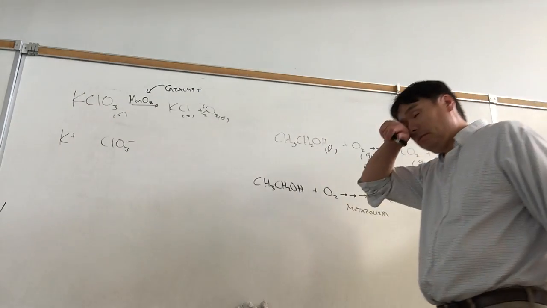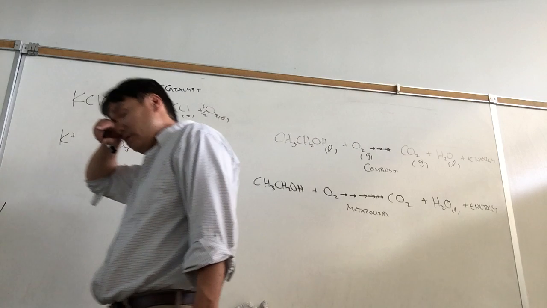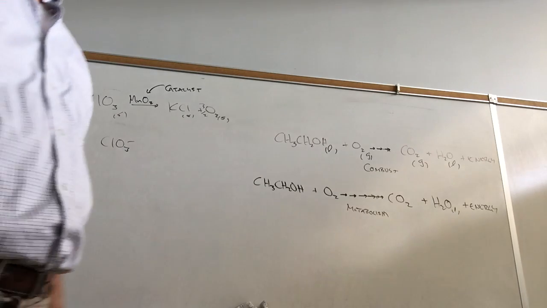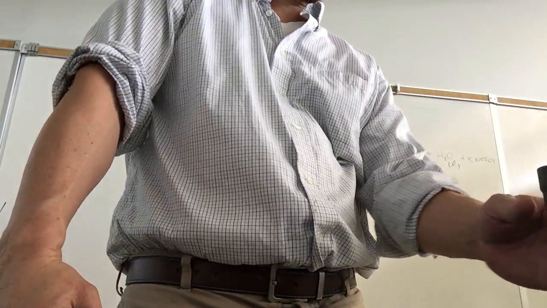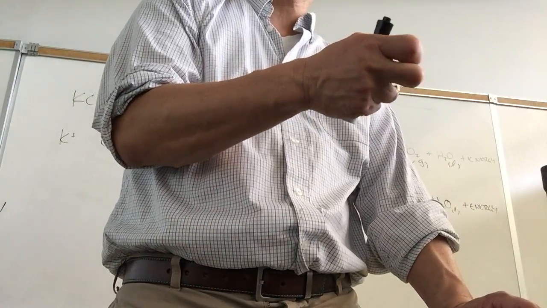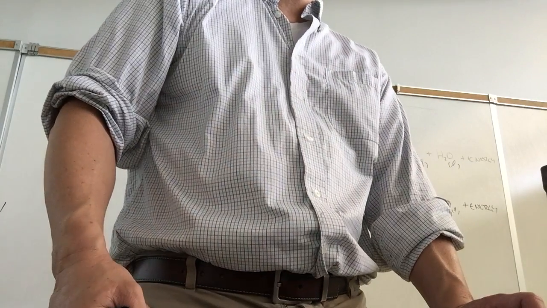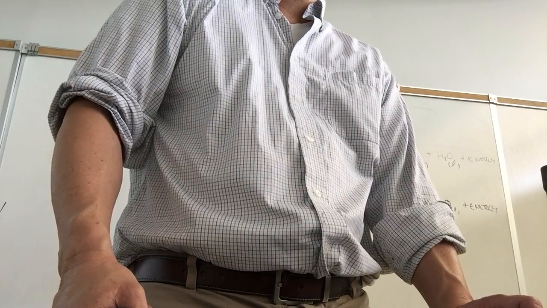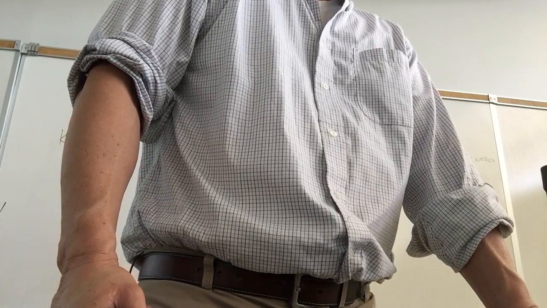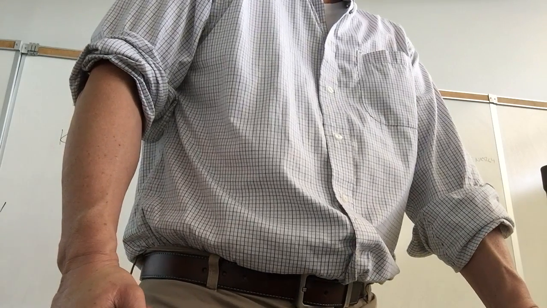Redox reactions, you always have to be careful because some things don't react as cleanly. If I had a mixture of methane and ammonia, let's say I burn methane with ammonia, do you know what you can form? If you combust methane with ammonia, you can form hydrogen cyanide gas.